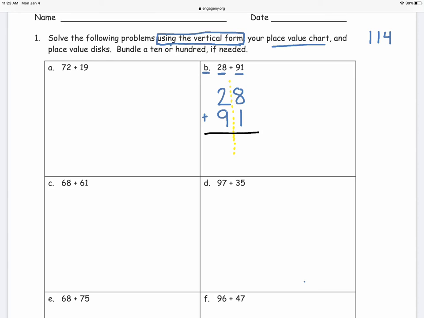Now, because our objective is to compare the vertical form to our place value chart, I'm also going to draw my place value chart. So I'm going to draw in my 28. Well, I see 28 has 2 tens and 8 ones.